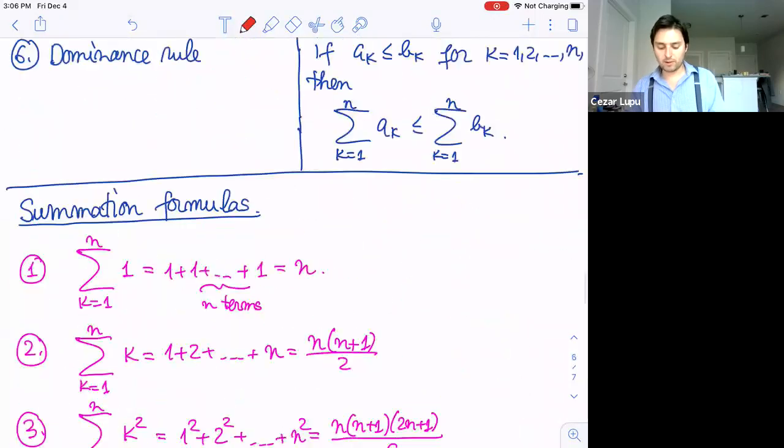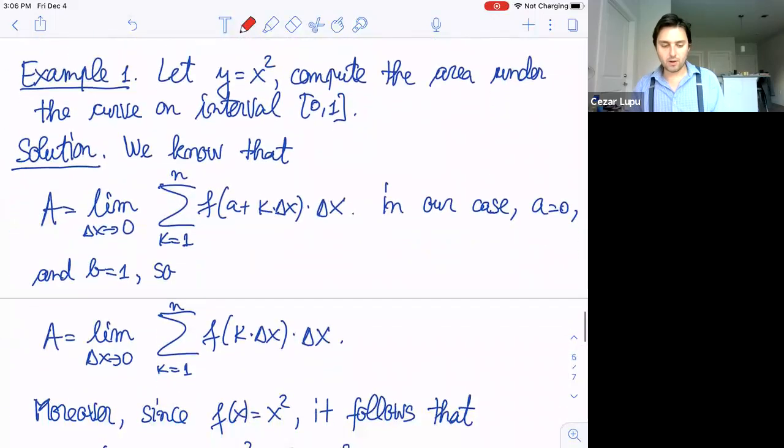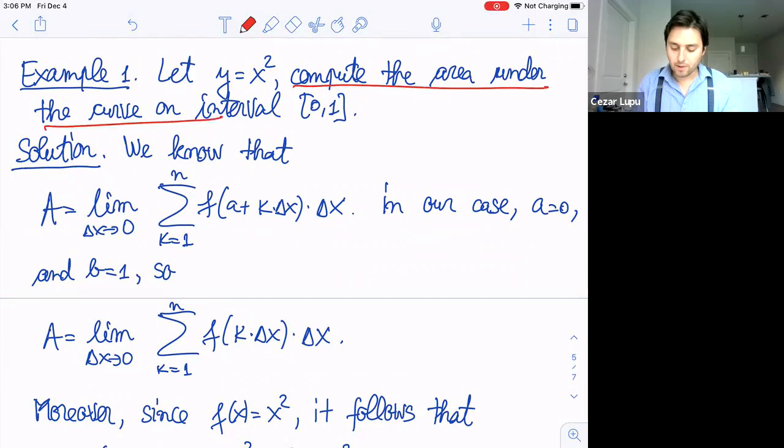So now let's go back to the problem. The area under the curve on the interval 0, 1 of this curve here is nothing else than just 1/3. You can do the same thing, for example, if you take y equals x cubed. You can apply the same procedure.